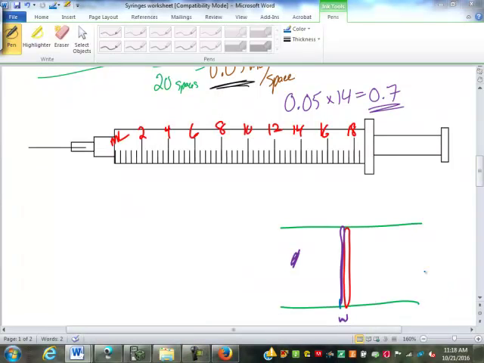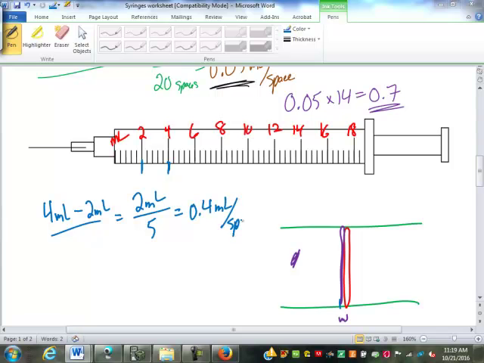This one's slightly different than any we've done so far because if we go between our first two marked divisions, it's 2 milliliters to 4 milliliters. So 4 minus 2 is 2 milliliters of difference. How many spaces do we have in between there? 5 spaces. So 2 milliliters divided by 5 spaces is 0.4 milliliters per space.